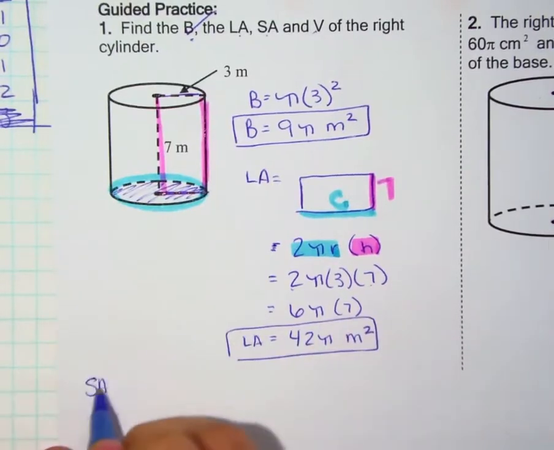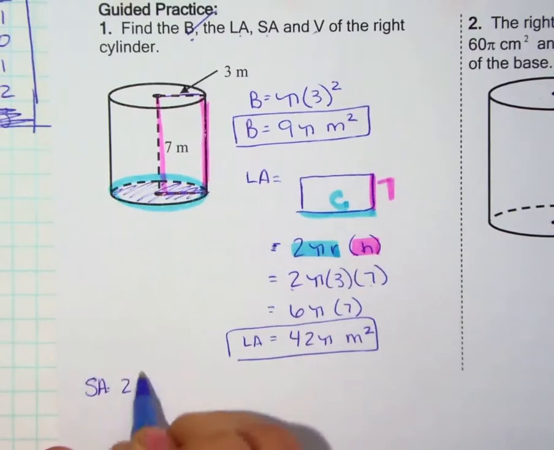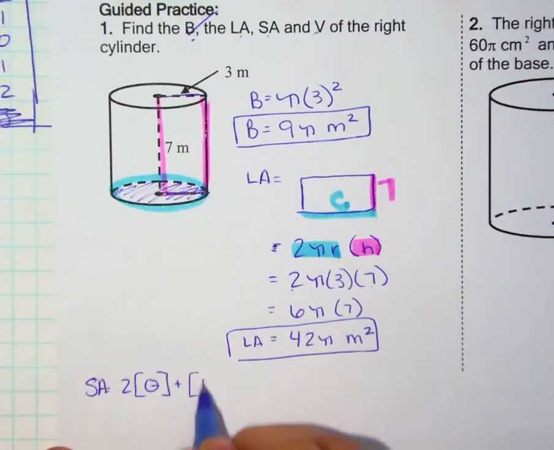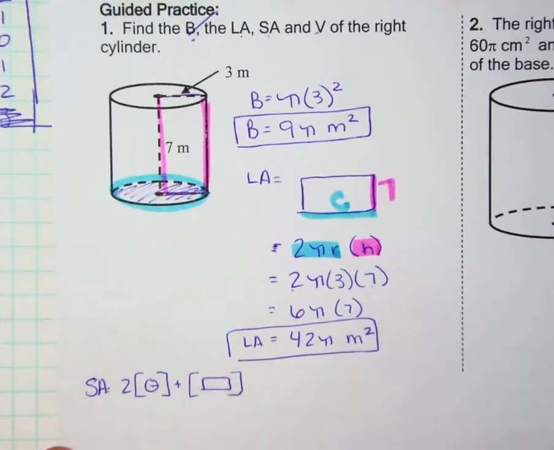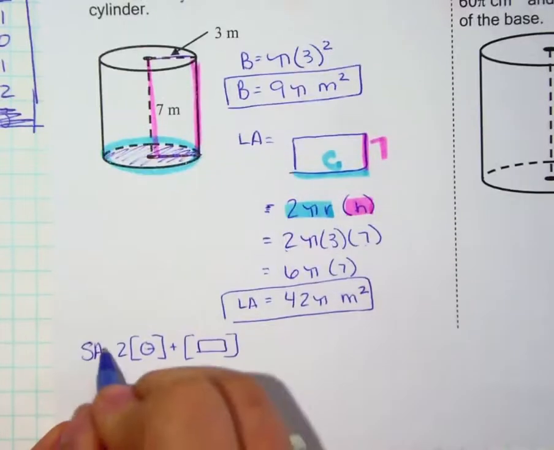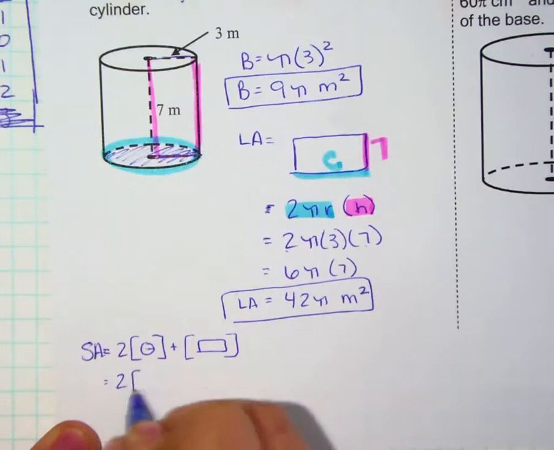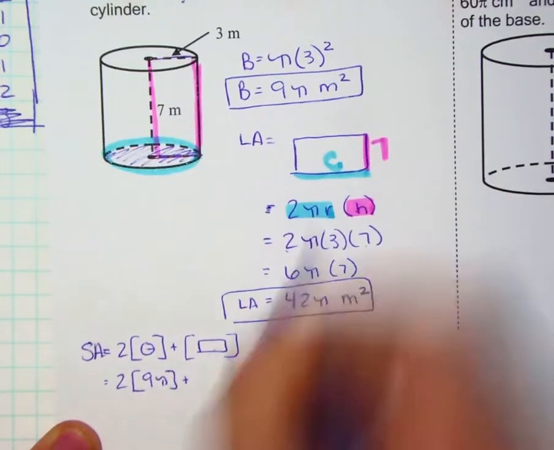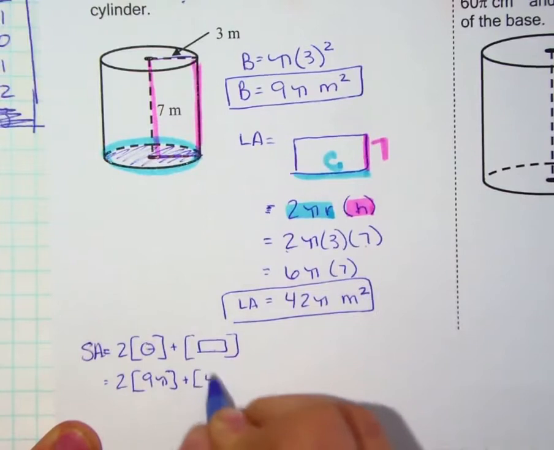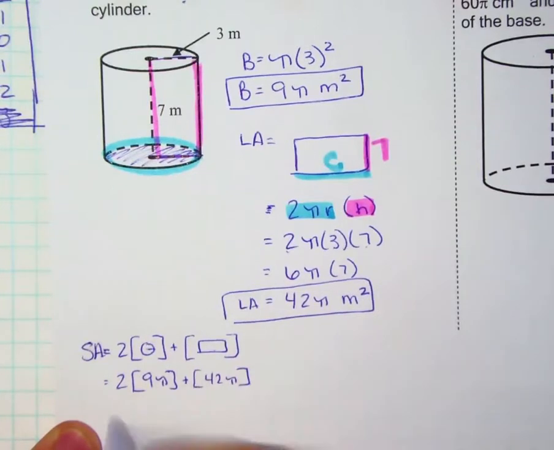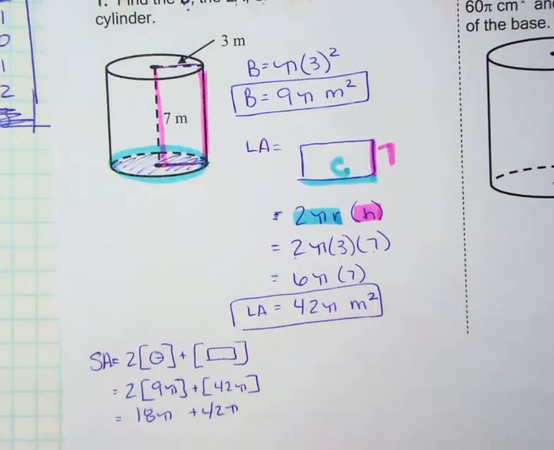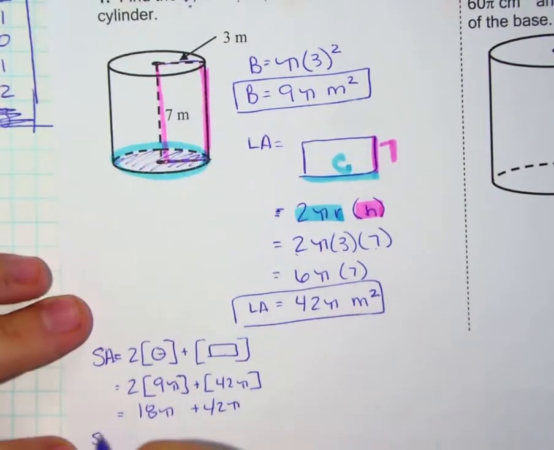So the surface area is the 2 circular bases plus the lateral area. So it'll be 2 times the base area, which is 9 pi, plus the lateral area, which is 42 pi. 2 times 9 is 18. And because they both have a pi, we can add them together.